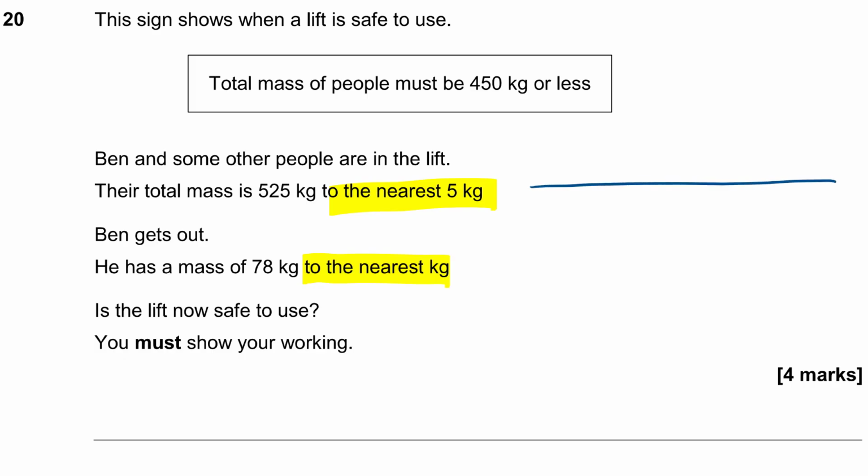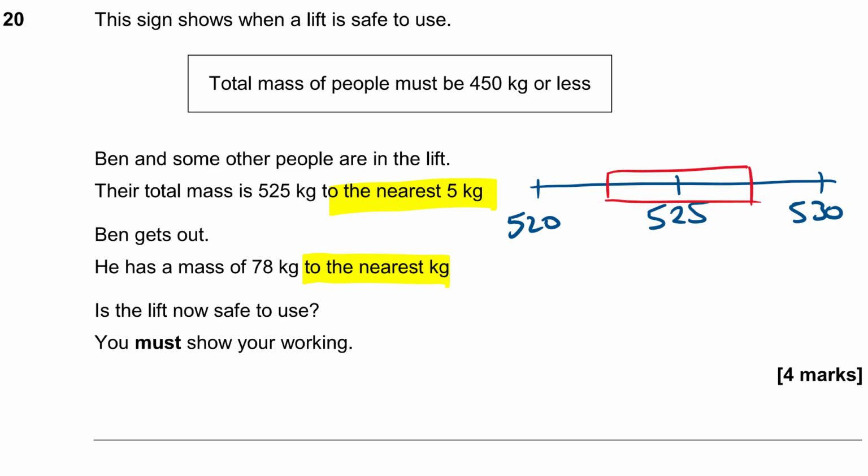So if we draw a number line and mark on the number they've given us, 525, and this scale is going in 5 kilograms, let's mark one up on our scale, which should be 530, and one below on our scale, which should be 520. Now the numbers that round to 525 are going to be the ones that are nearer to 525 than the other two numbers.